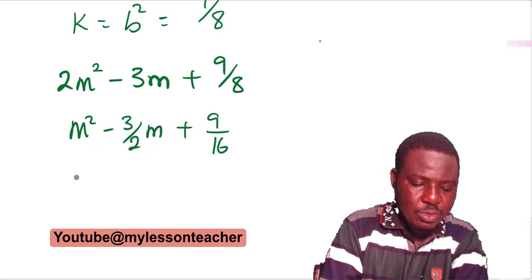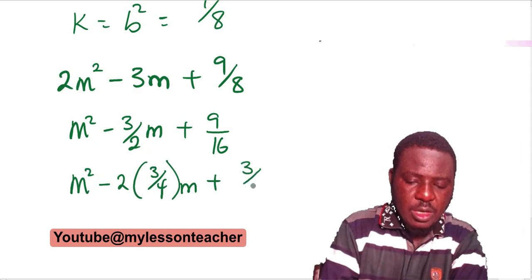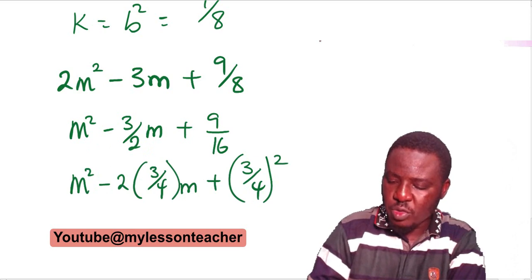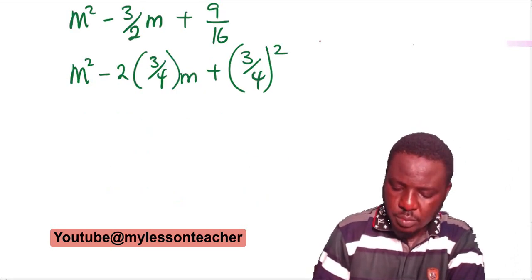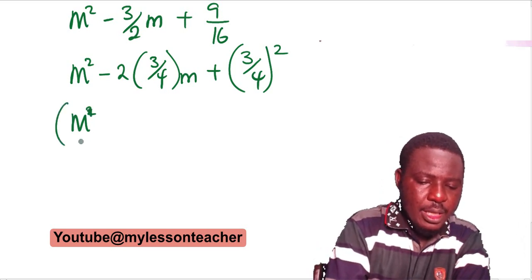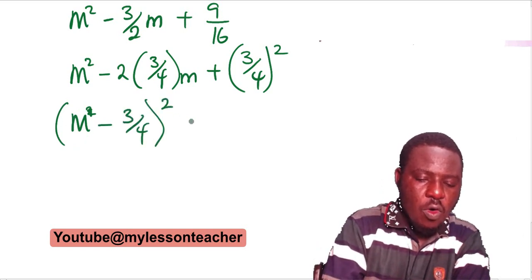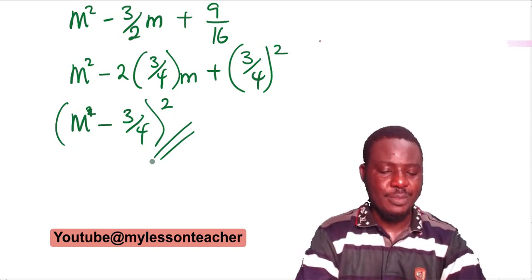So that this can be simplified to be m squared minus 2 into 3 over 4 m plus 3 over 4 all squared, which can be factorized to be m minus 3 over 4 all squared.